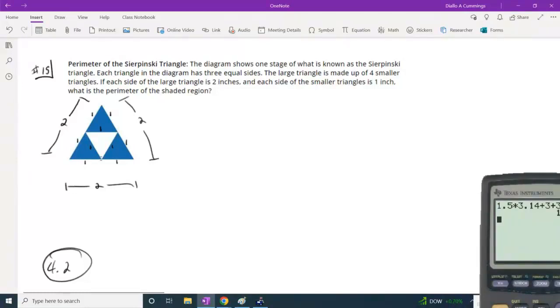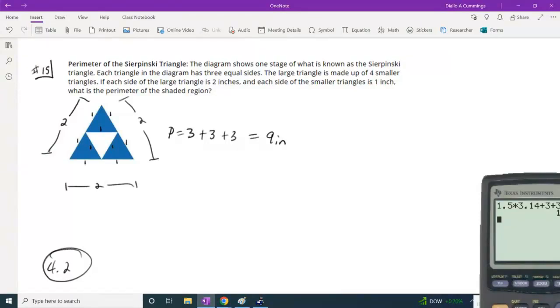The perimeter, excuse me, of the second shaded triangle would also be 3 inches. The perimeter of the third shaded triangle would also be 3 inches, right? So 3 inches plus 3 inches plus 3 inches should equal 9 inches. All right. Is everybody okay with this?